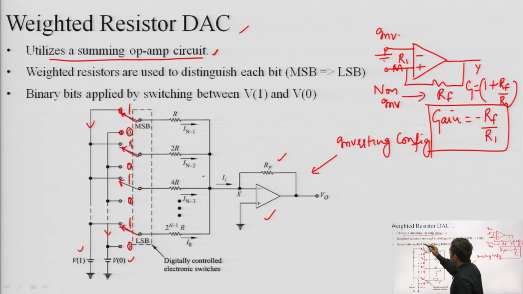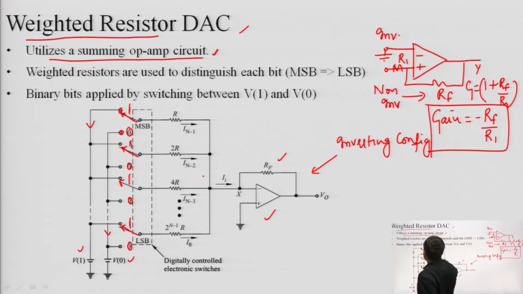Now after that, as the name suggests, weighted resistor means there will be a different resistor for each bit. If it is the LSB, the least significant bit, it must have the highest resistance, so that the output from that branch is the minimum. Similarly, for the MSB, the most significant bit, the resistance should be minimum, so that will be the lowest resistance branch.